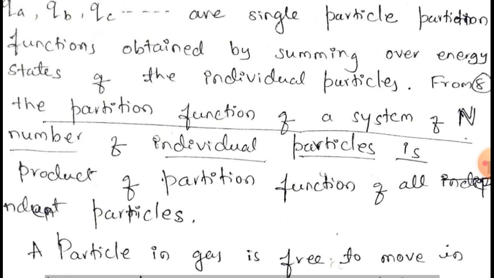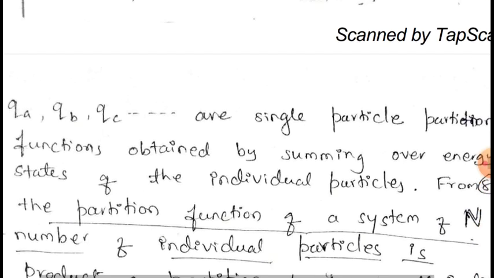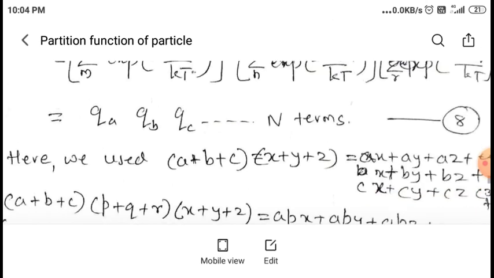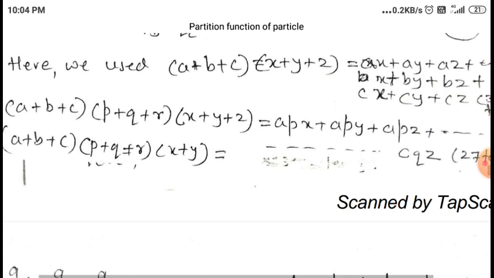Now the partition function of the whole system is a product of the partition functions of the particles contained in the system. Capital Q is equal to QA, QB, QC and so on.